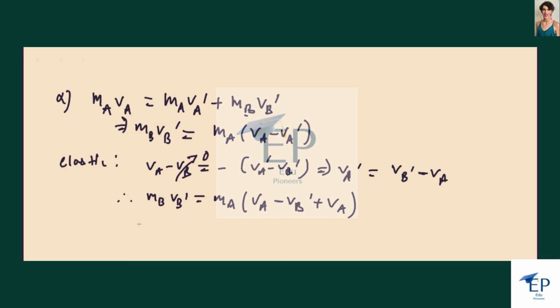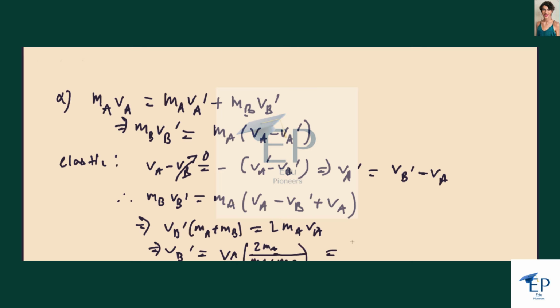So we have VB prime times MA plus MB is equal to 2MA VA. All right, so VB prime as a result is VA times 2MA over MA plus MB.